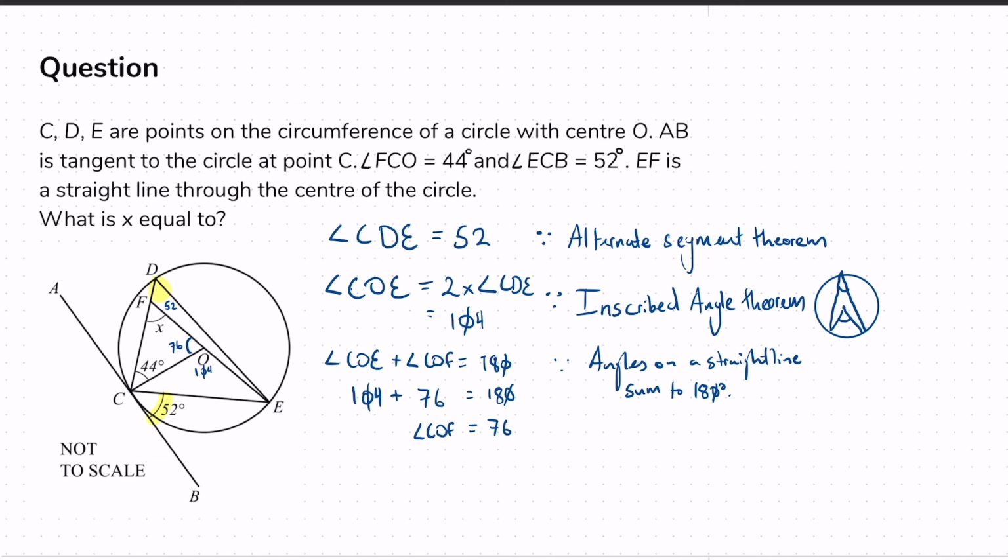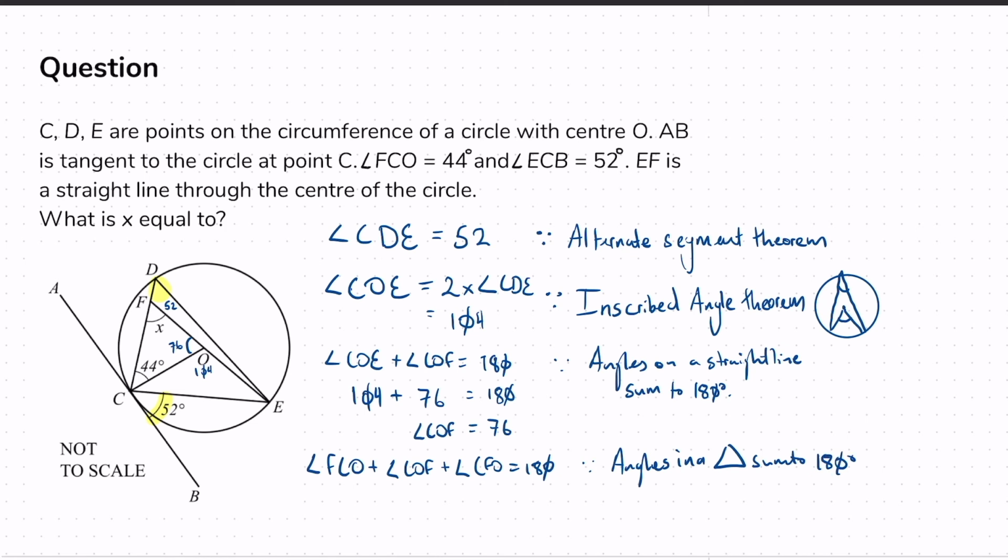So almost there, right? Because now we have angles inside a triangle. So we're going to have this long one here. FCO plus COF plus CFO equal 180 because angles in a triangle sum to 180 degrees. And I'm just going to draw it.